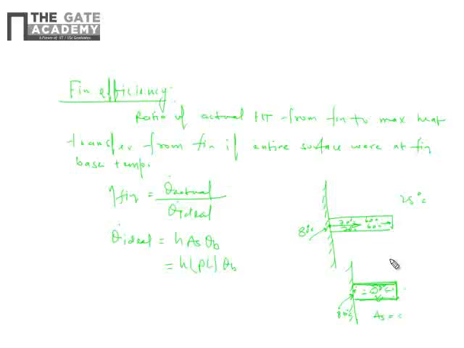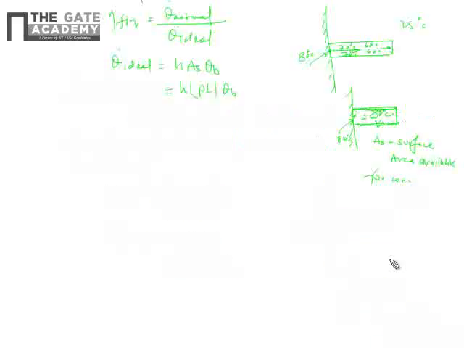As is the surface area available for convection, and we have derived this as P into L, where L is the length of fin.